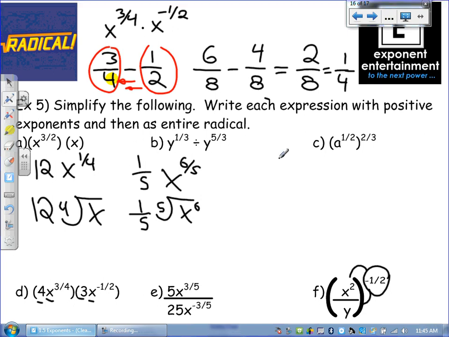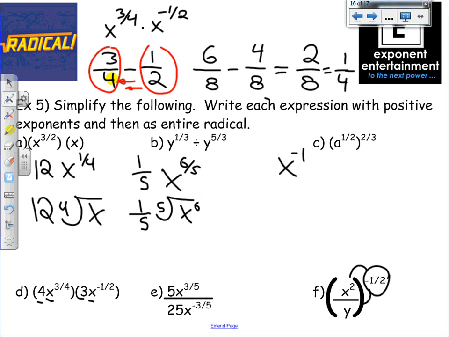We have two issues here. We have negative exponents, and we also have a rational exponent. This one has to go to the bottom because of that. This one has to go to the top because of that.